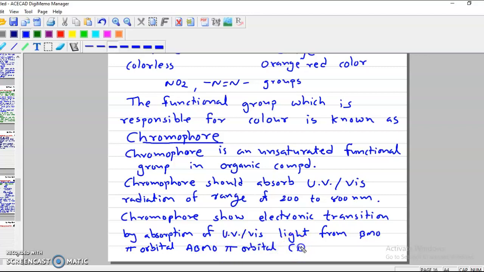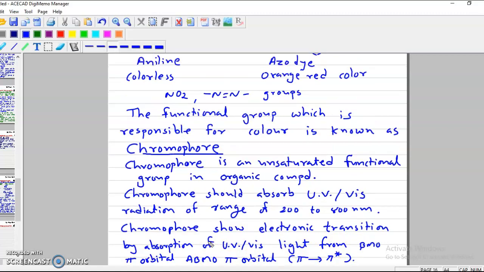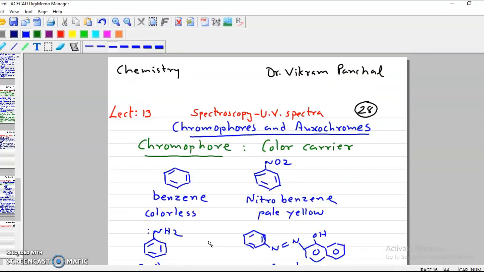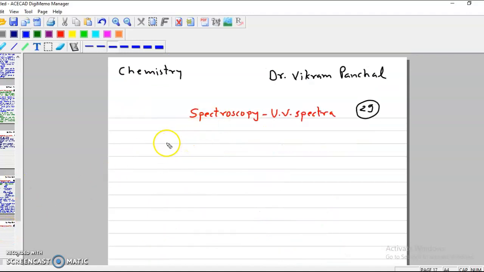It is also known as pi to pi star transition, that I will explain later on, but at present you should understand that an electron transfers from the pi bonding molecular orbital to the pi anti-bonding molecular orbital. Okay.